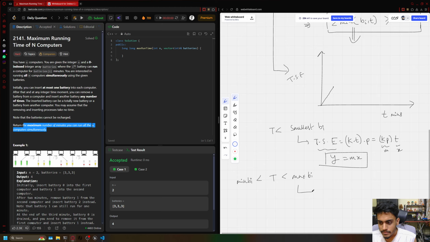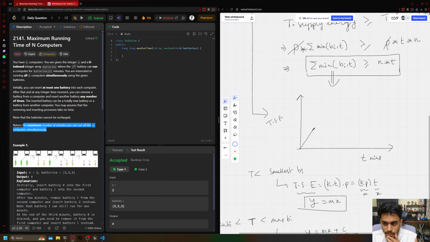At that time the equation will be y equals mx plus some constant, and this constant will be the summation of some B of j's, where those j's are lesser than my T. For any j greater than my T, those will be computed to T based on the min of Bi and T. So this will revolve around some smooth curve, and the rate of increase will start to saturate.